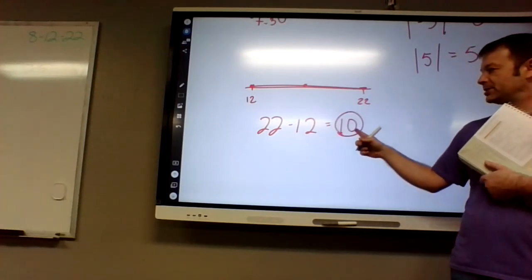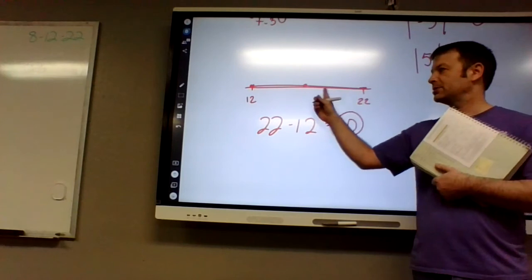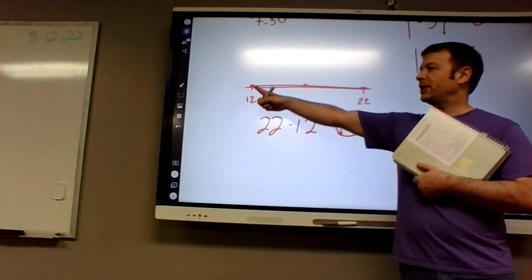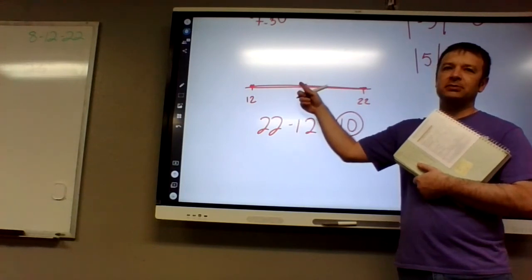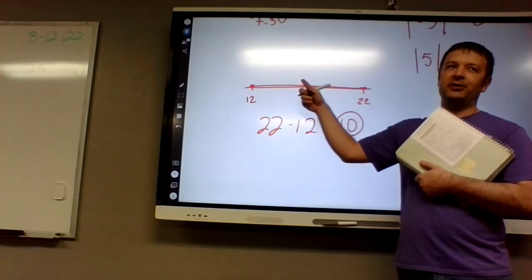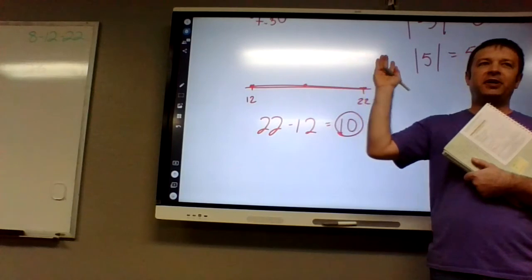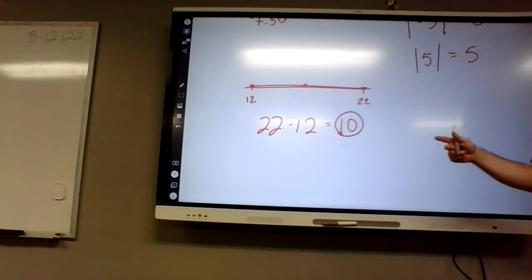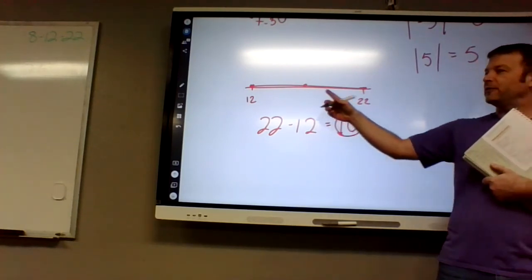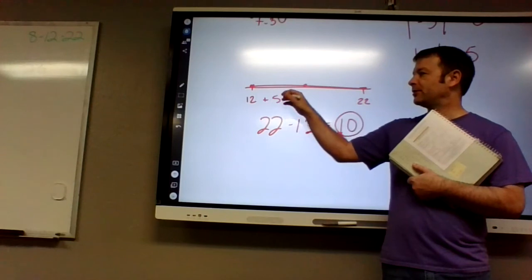What Easton did was, he said it's 10 across, so you only want to go 5 across to get to here. So he did 12 plus 5. Can anybody think of another way to do it? Take your answer and divide by 2. Well, that's part of it. He took 10 divided by 2 is 5, but then you'd have to add 5 to 12 to get there.